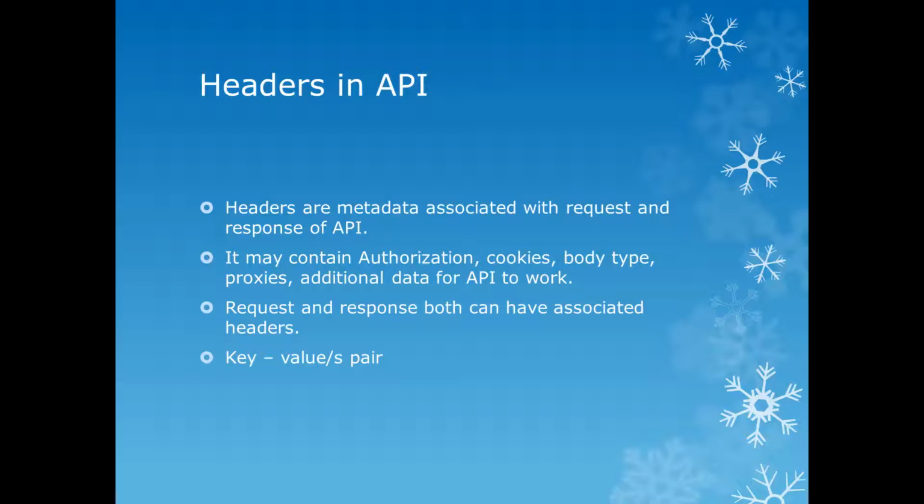We also need to pass some headers explicitly. If you remember, in this book we are passing authorization as a header, right? So in short, headers are metadata about the request and response. And it's not that headers are only for the request; they can be for the response as well. Any header can be a key-value pair or a key with multiple values.